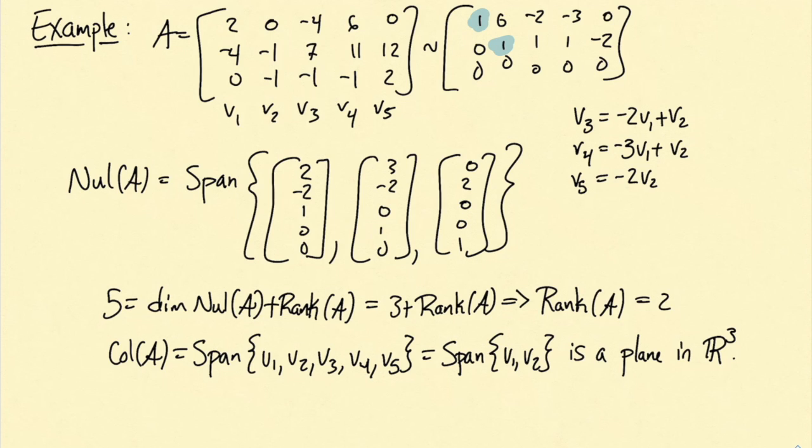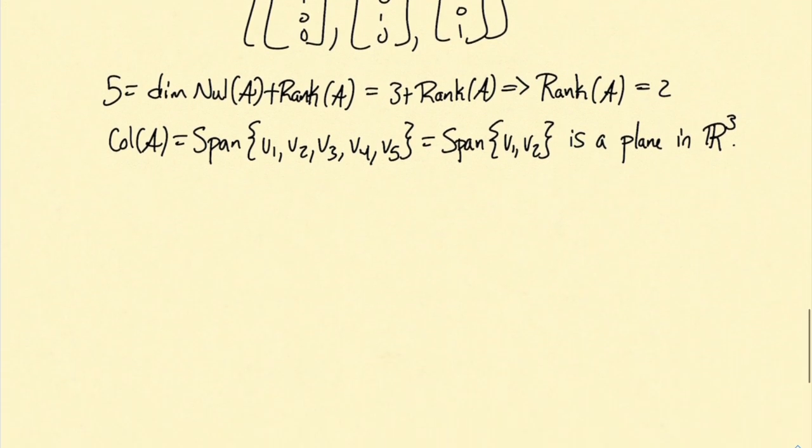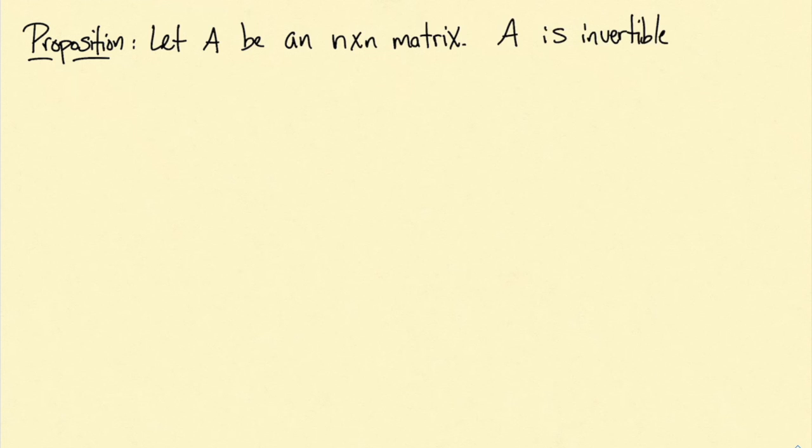Finally, we want to make a nice observation about the rank and the invertibility of a matrix. Let A be an n by n matrix. The matrix A is invertible if and only if the rank of A is n.